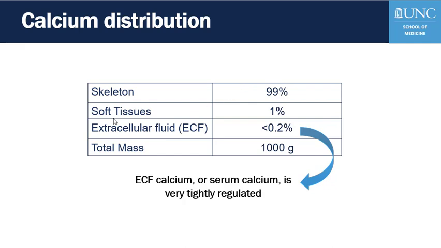The soft tissues contain about 1% of the total body calcium, and the extracellular fluid, or ECF, contains a tiny fraction of the body's calcium, less than 0.2%. However, it's this extracellular fluid calcium, also known as the serum calcium, that's very tightly regulated because it exerts biological effects. So altogether, the storage of calcium in the body approximates 1,000 grams or 1 kilogram.